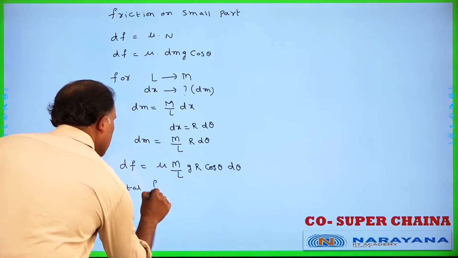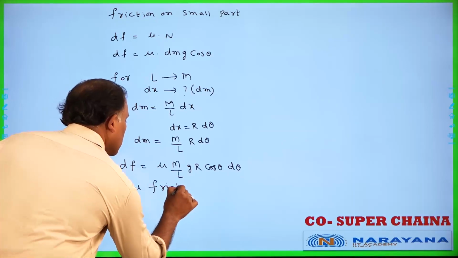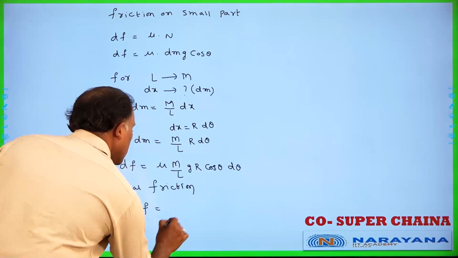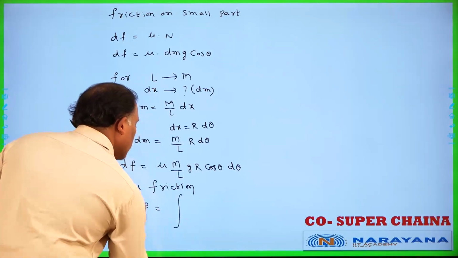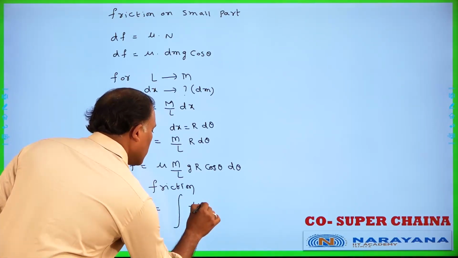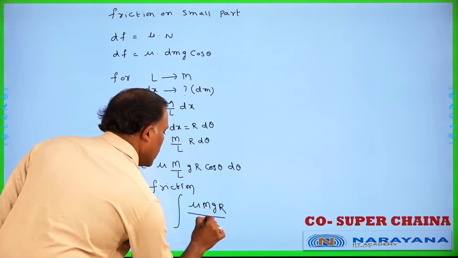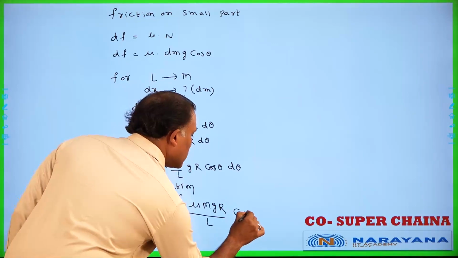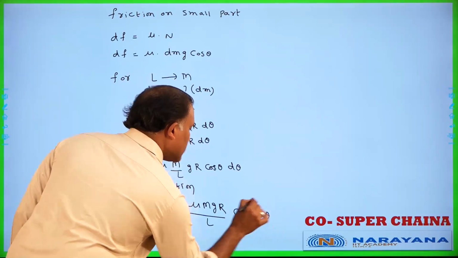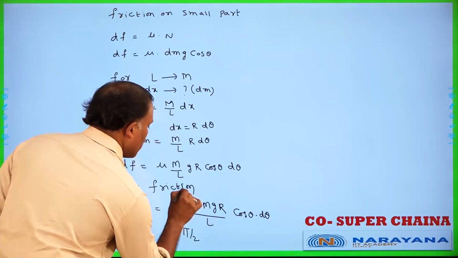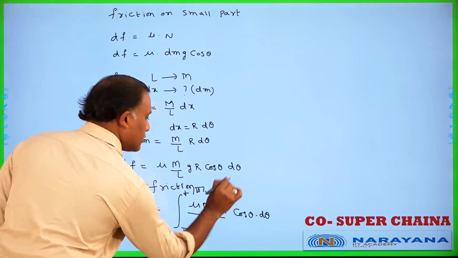So F is equal to the integration of mu m g r by L cos theta d theta, from minus pi by 2 to plus pi by 2.